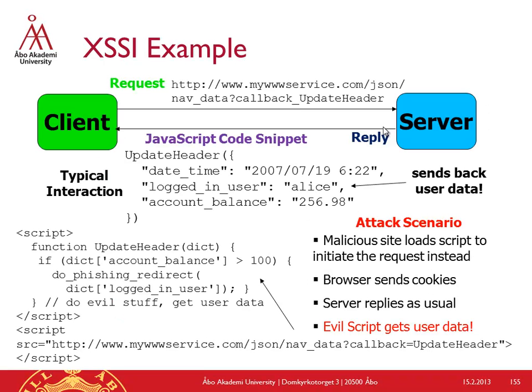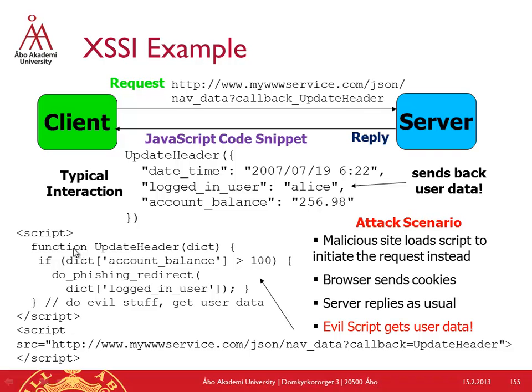So let's see it with an example. For example, we have a server with a client, and the client sends a request to the server, which will have to return a special JSON fragment that contains some sensitive information about the user account, like the amount of money there, and information about the user, and so on.